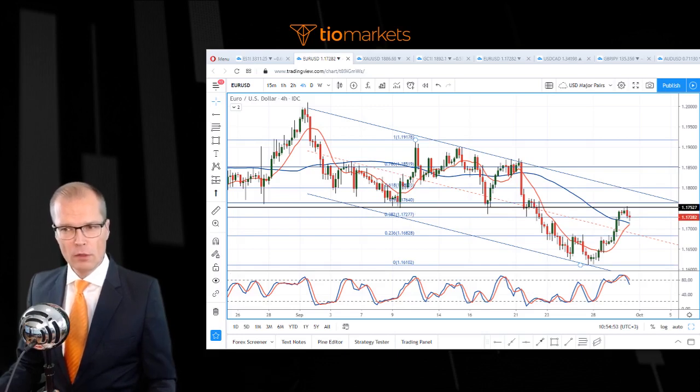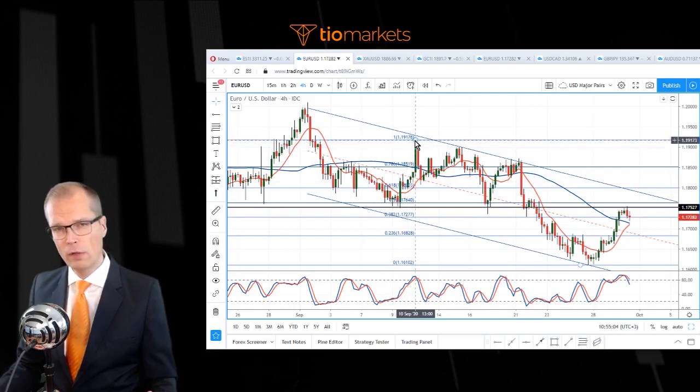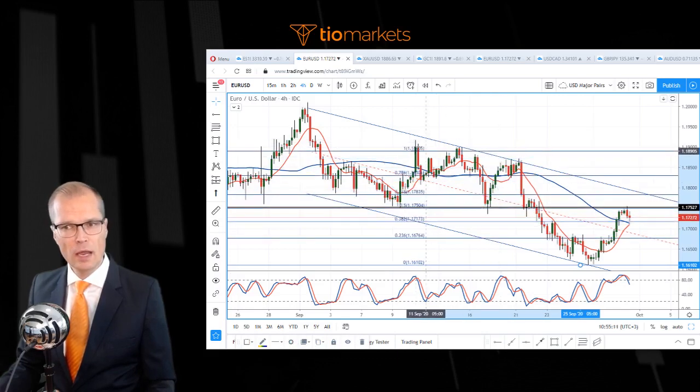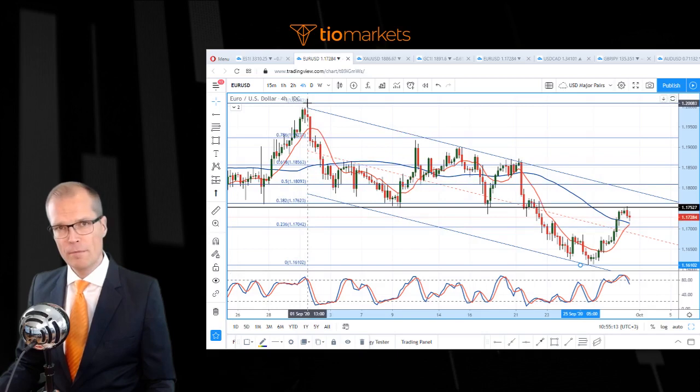First of all, we have this ever so important 50% Fibonacci retracement level here. But obviously it depends on which highs you are using to draw your Fibonacci's. So some people might choose this high, some people might choose the high here, and some people might choose this high.